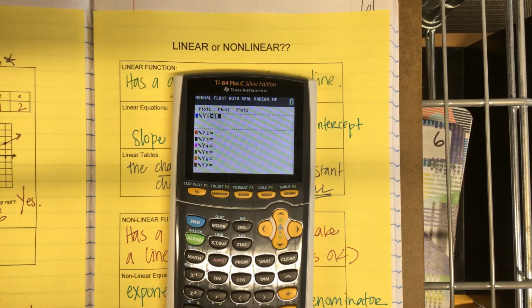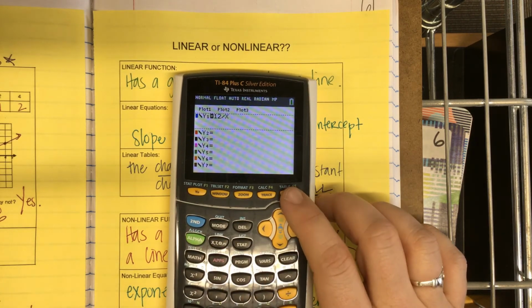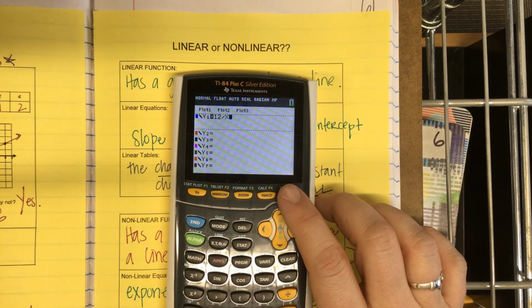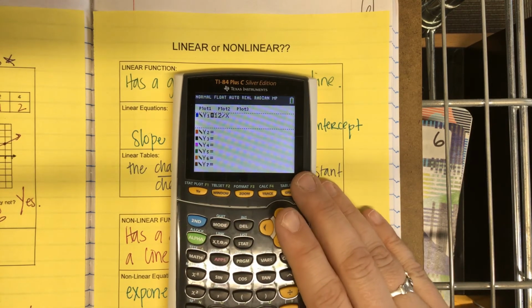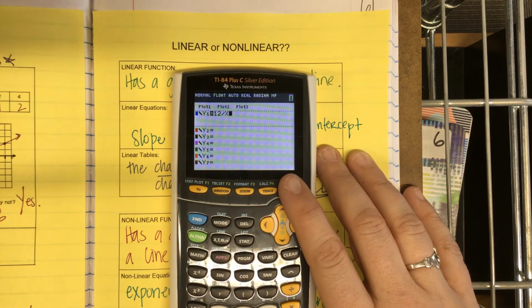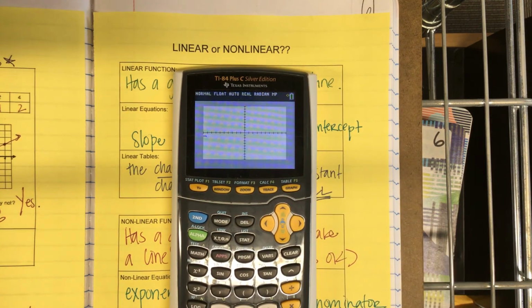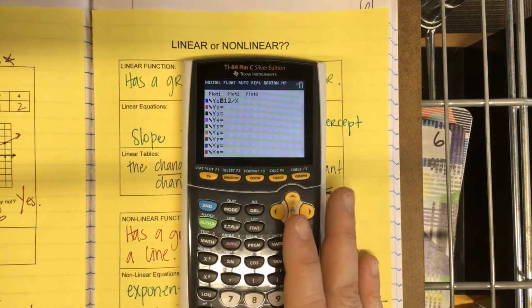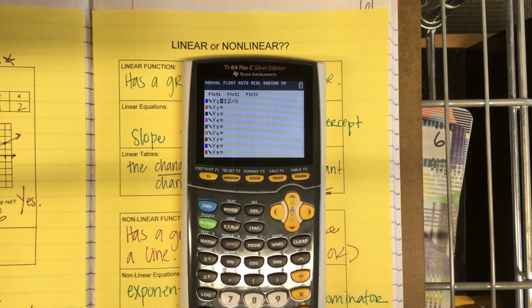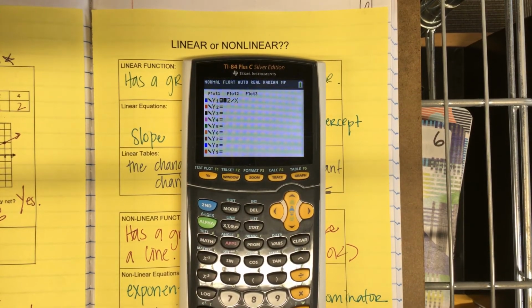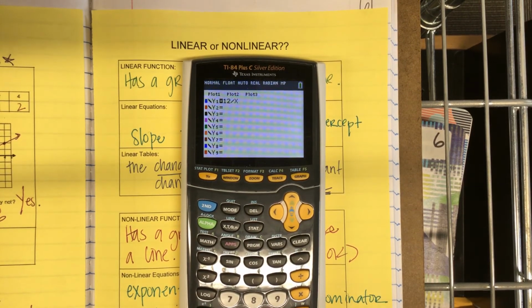What if I did 12 divided by x? Look at your notes. That's nonlinear. And why is it nonlinear? Look at your nonlinear notes. Division is not written anywhere in your notes.